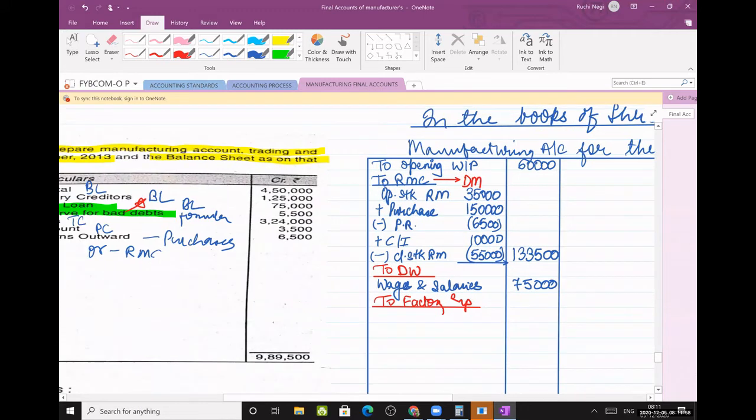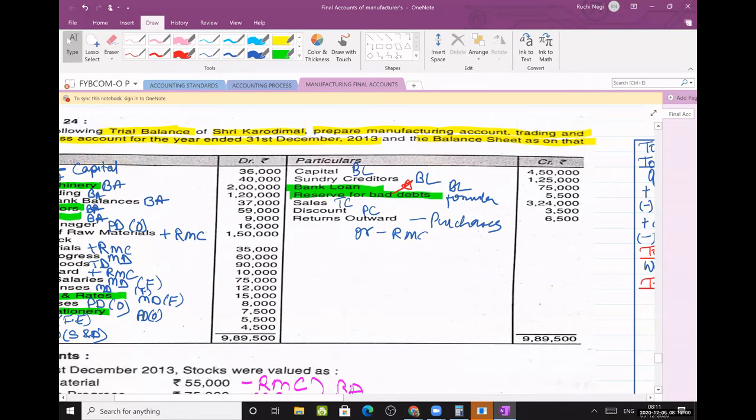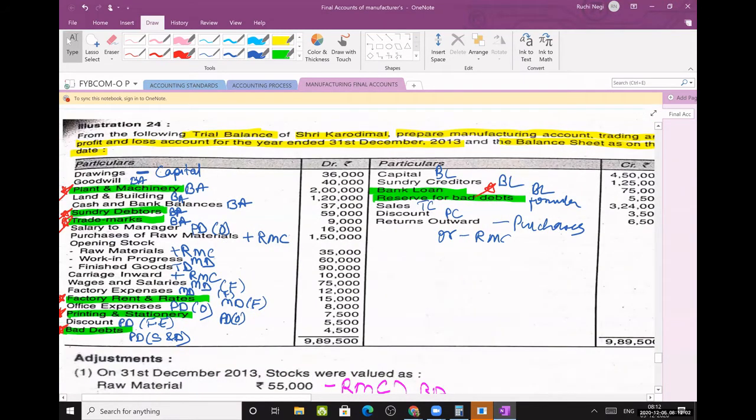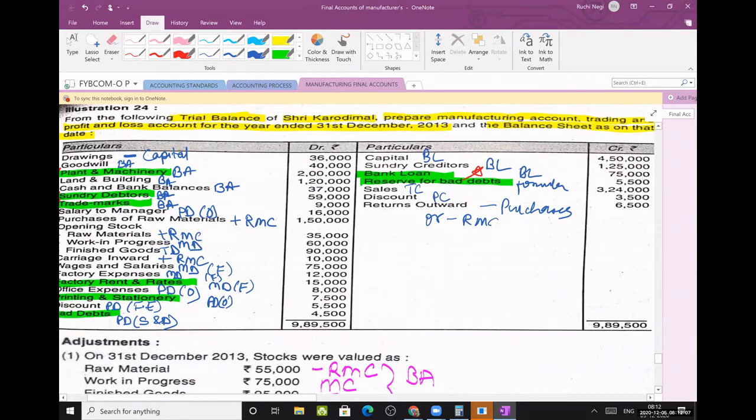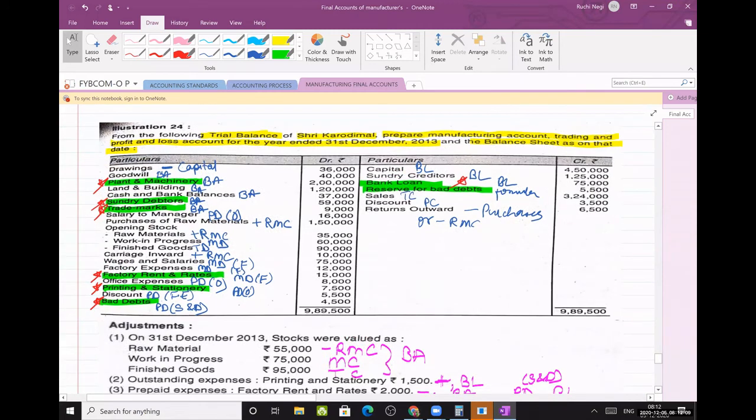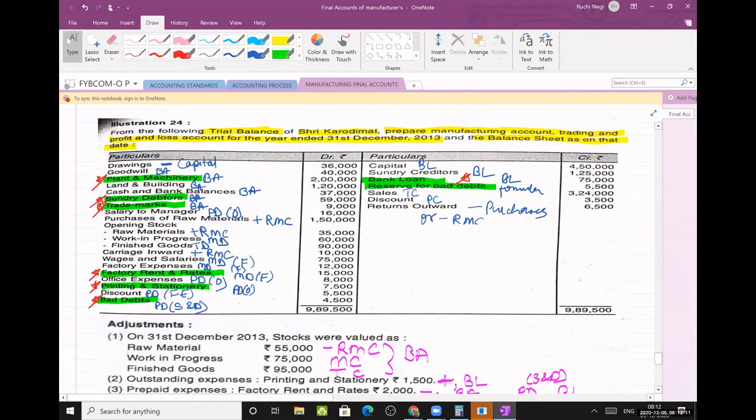Now let us start. The trial balance of Shri Karoli: prepare manufacturing account, trading account, and P&L account for the year ended 31st December 2013, and a balance sheet for the same date. Okay. So first item is drawings. The drawings will be less than capital. So if you want, you can do it simultaneously.